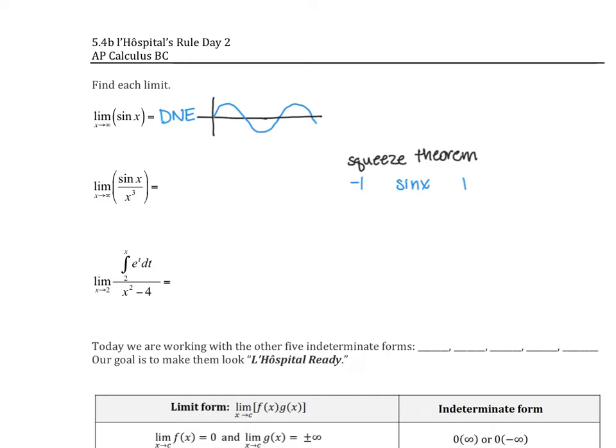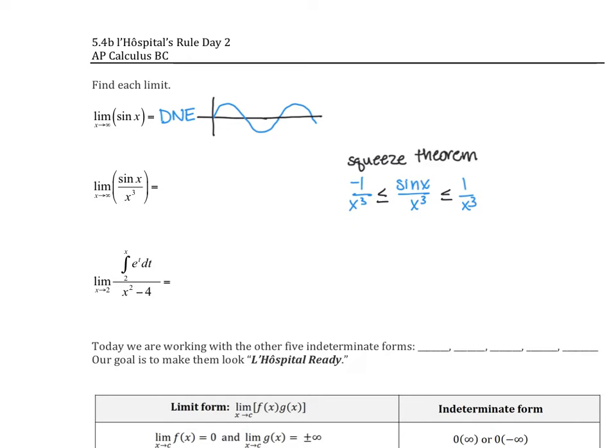And so if we look at this, and I put x cubed in the denominator here for just a second, do you agree that this sine of x over x cubed has to be between -1 over x cubed and 1 over x cubed? Right? Sine of x has to fall between -1 and 1. So therefore, sine of x over x cubed has to fall between -1 over x cubed and 1 over x cubed.